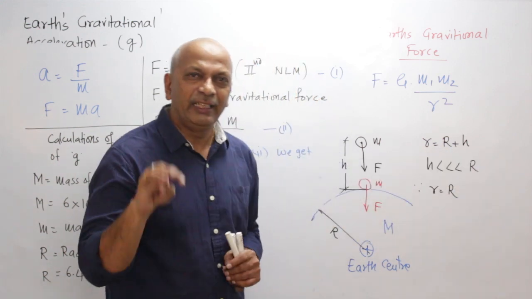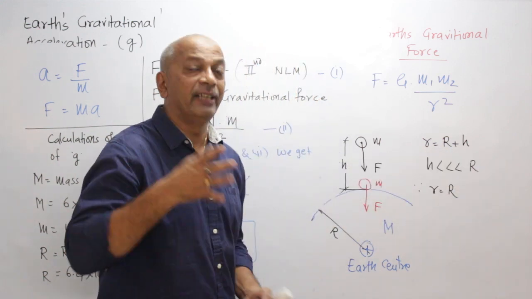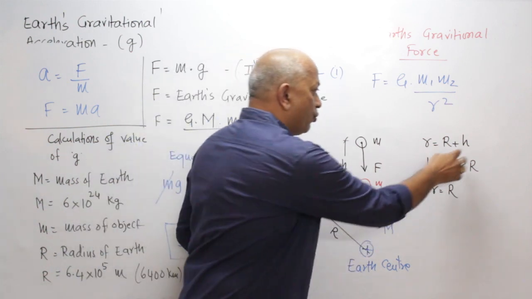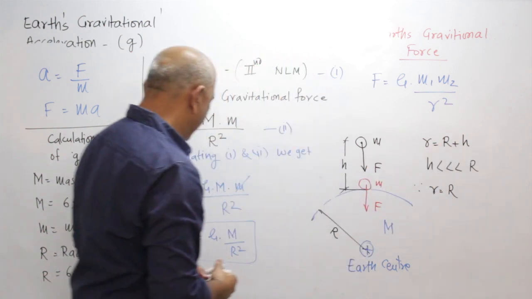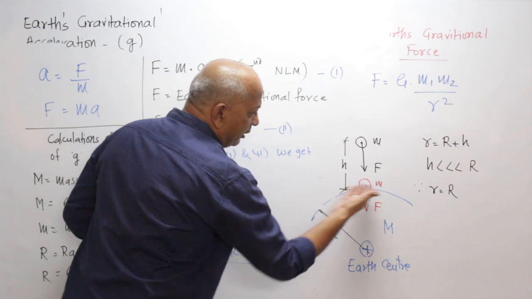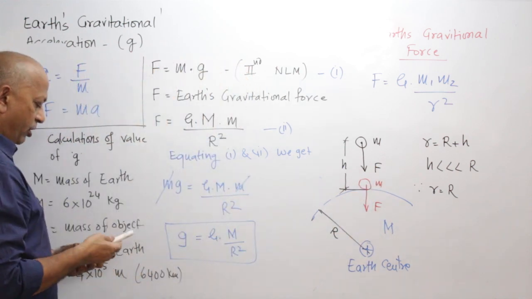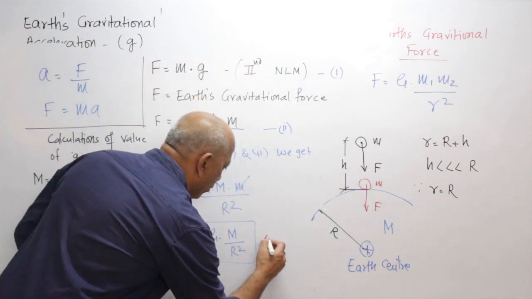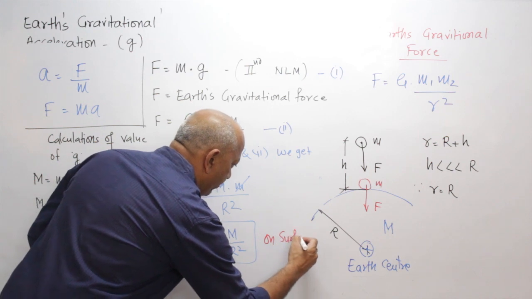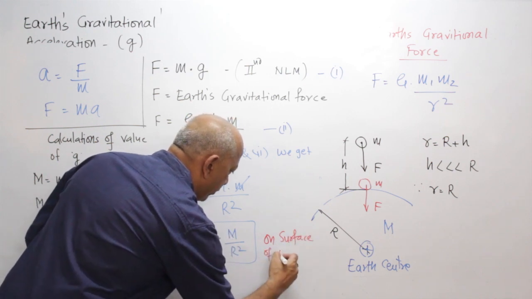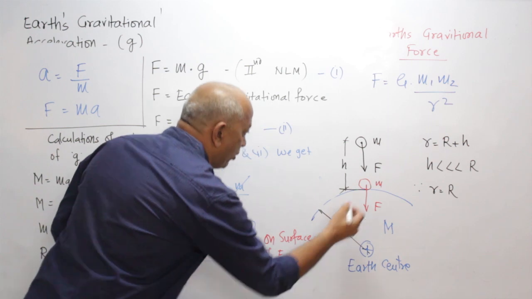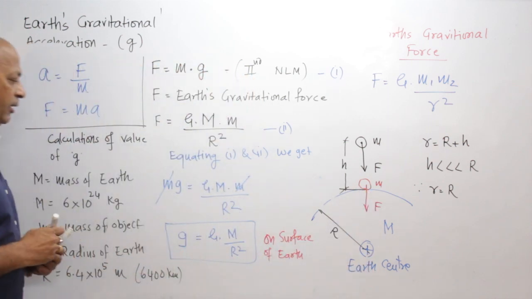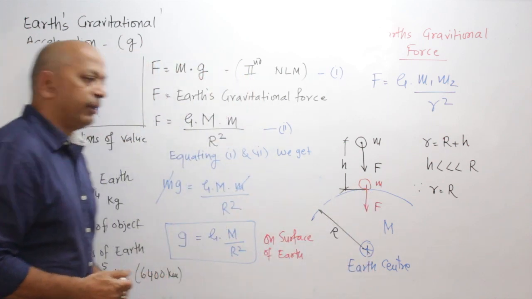But we are considering h as very small, as I told you in the last section. So we are neglecting this h. So we are saying this is almost on the surface of the Earth, or close to the surface of Earth.